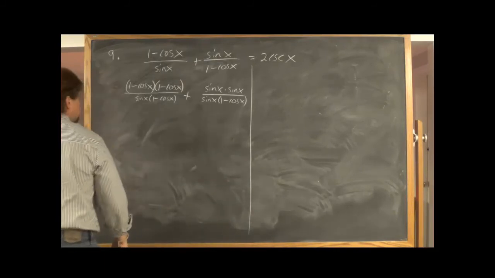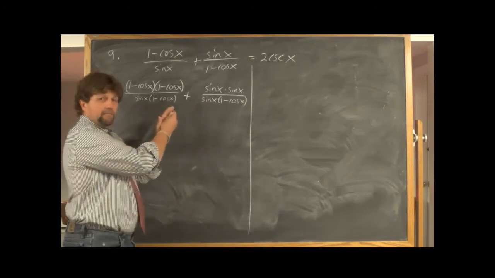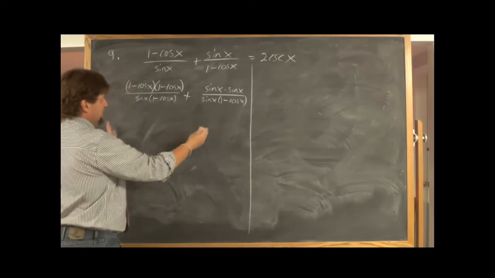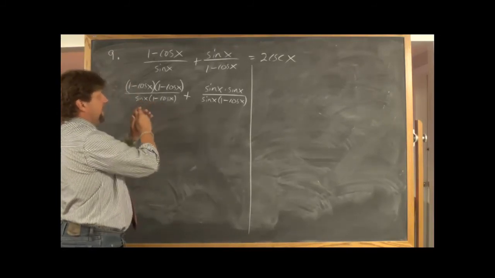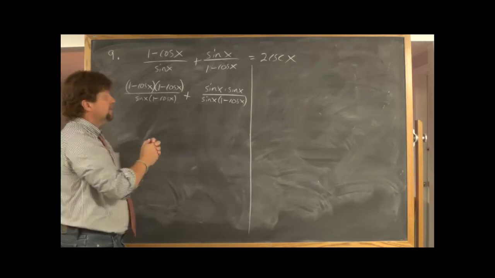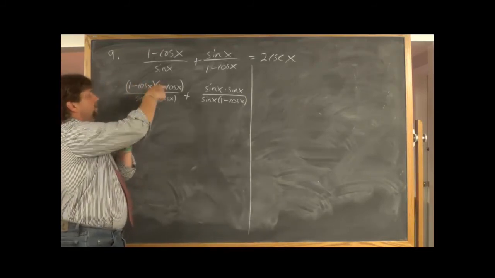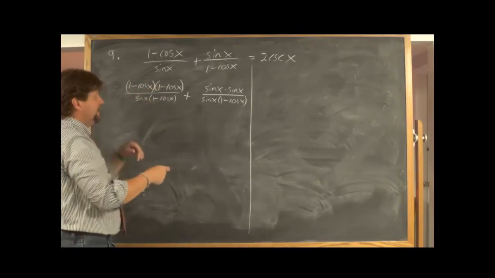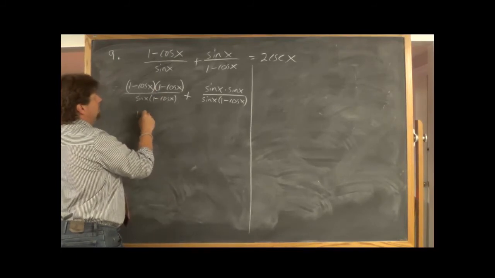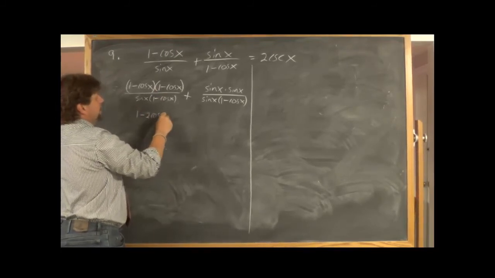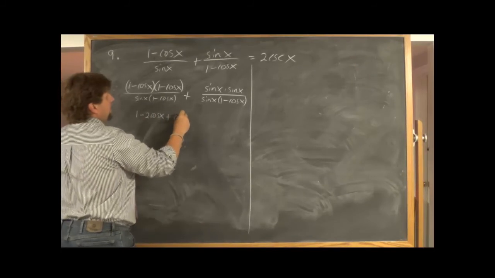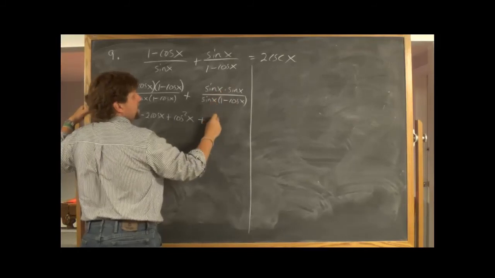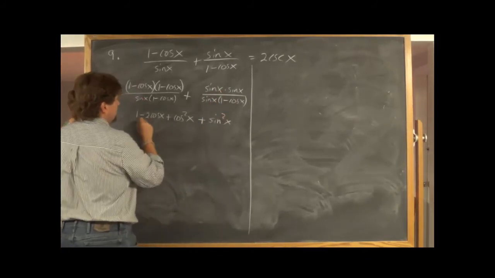Next, since we have a common denominator, why don't we go ahead and make it into 1 fraction. And at the same time, I'm going to do another step. As I'm making this into 1 fraction with the denominator of sine x times (1 minus cosine x), I'm going to do a little foiling here, taking the (1 minus cosine x) times the (1 minus cosine x) to get 1 minus 2 cosine x plus cosine squared x, plus, and then sine x times sine x is sine squared x.